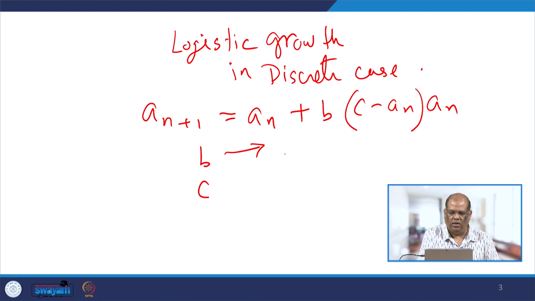This b is the intrinsic growth rate and c is the carrying capacity.